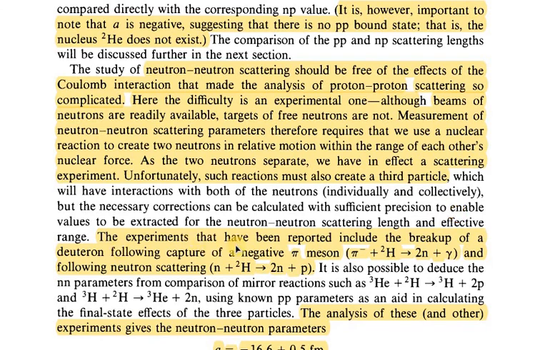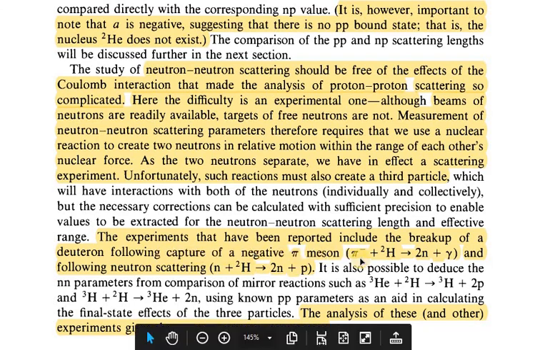The experiments that have been reported include the breakup of a deuteron following capture of a negative pi meson: negative pi meson plus 2H gives 2 neutrons plus gamma, and neutron plus 2H gives 2 neutrons plus proton.